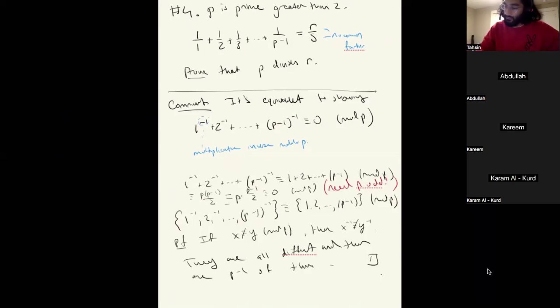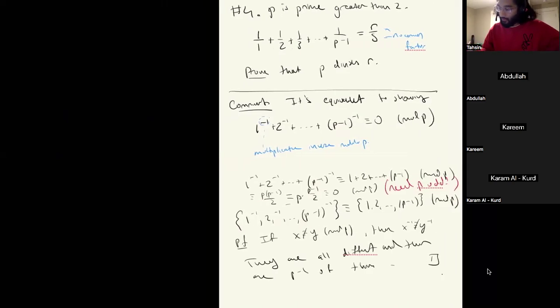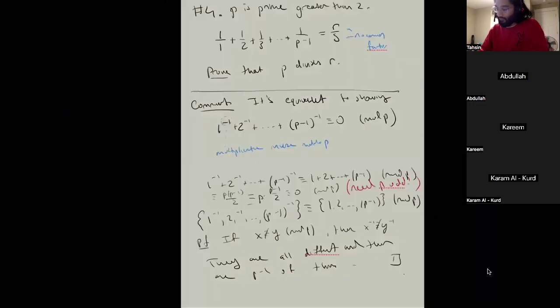So instead we say, maybe p is not prime, it's just some number n, and we sum over a, where a is between 1 and n minus 1 and a is coprime to n, and the sum of 1 over a is equal to r over s.